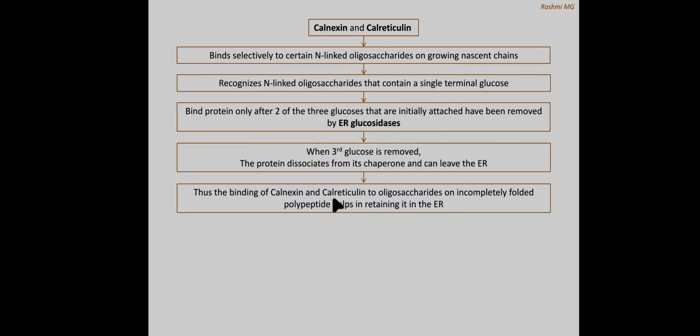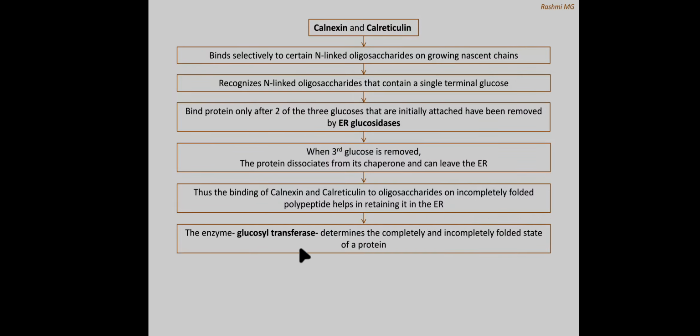Thus, the binding of calnexin and calreticulin to the oligosaccharides on incompletely folded polypeptide helps in retaining it in the ER. If there is any misfolding, it remains back in the ER itself. The enzyme glucosyl transferase, what is its function?